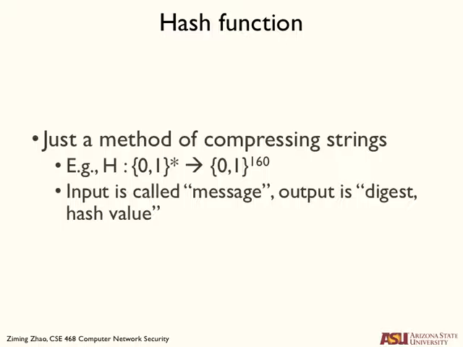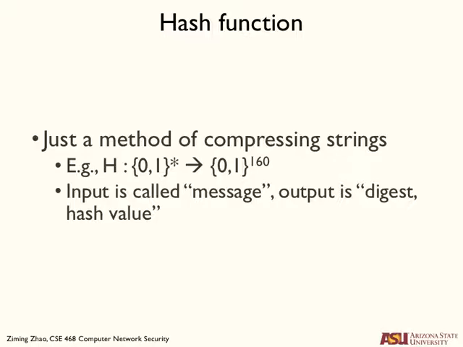So basically, any hash function is just a method of compressing strings. Given an arbitrarily long input, the hash function will return a fixed length output. The input is your message, your data, and the output is called the hash value or digest because it's much shorter.